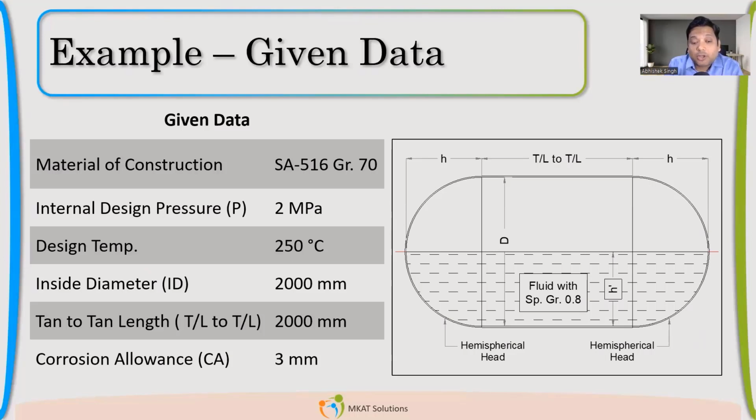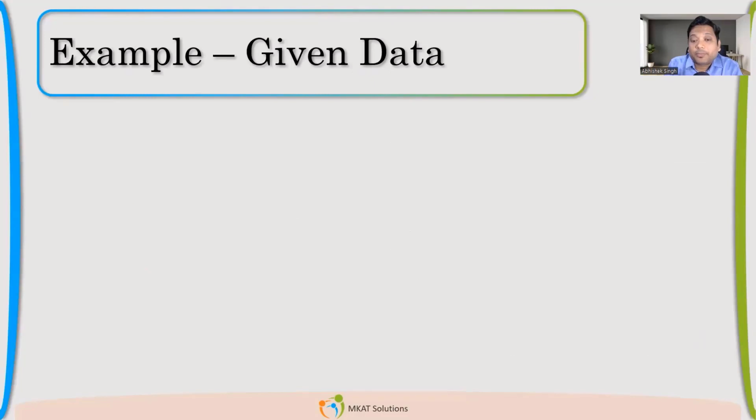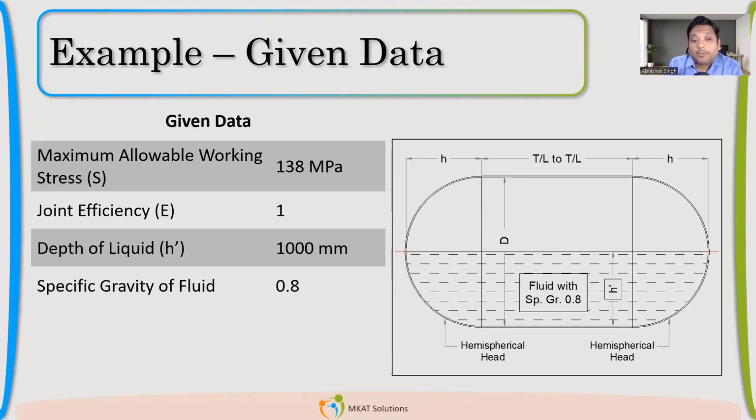Inside diameter 2000, tangent to tangent length also 2000, corrosion allowance 3 mm. Allowable working stress 138. Joint efficiency 1. Now there is liquid, and the depth of the liquid is 1000 mm. The specific gravity of this fluid is 0.8.